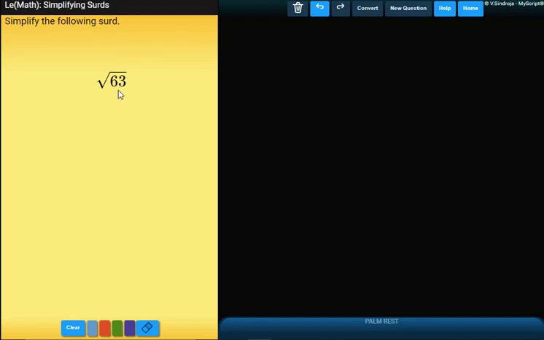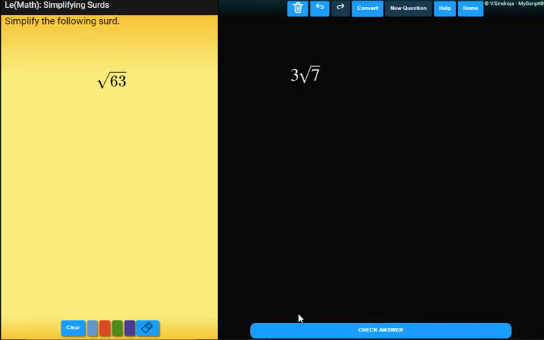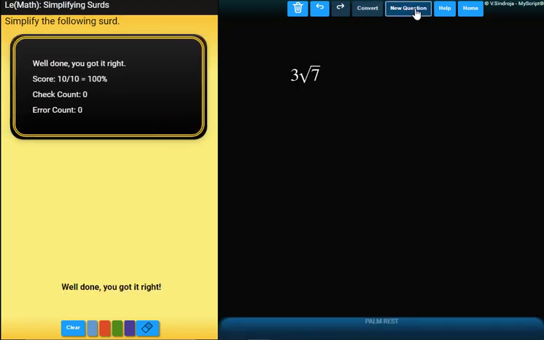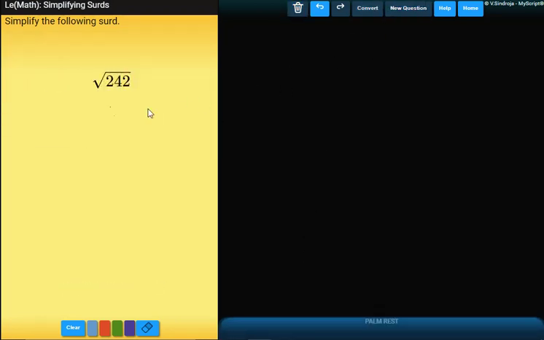Like this one, it's 9, isn't it? So it's 3 root 7. You want to get to this stage where you're doing them with ease. If you get stuck, always just break the number down into bits until you find that square number, or write all your square numbers out and then try and find the one that goes in. This is clearly 121, which is 11 times 2, so it's 11 root 2.